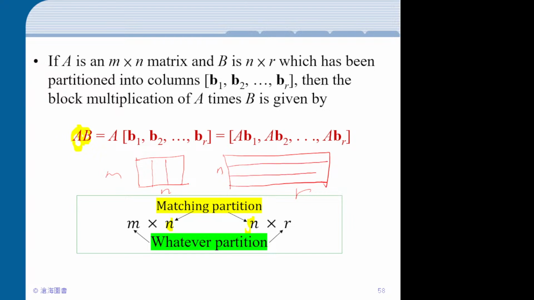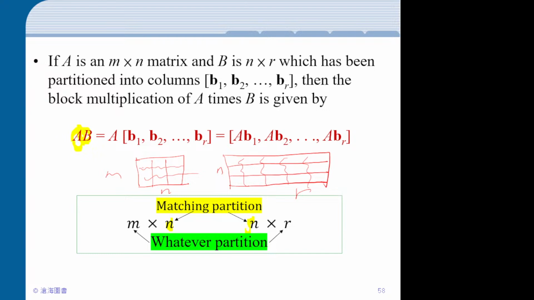Then you can still do the multiplication, and you can partition the m and the r into whatever partitions, and then you can still do the multiplication by matching the corresponding partitions of the submatrices.